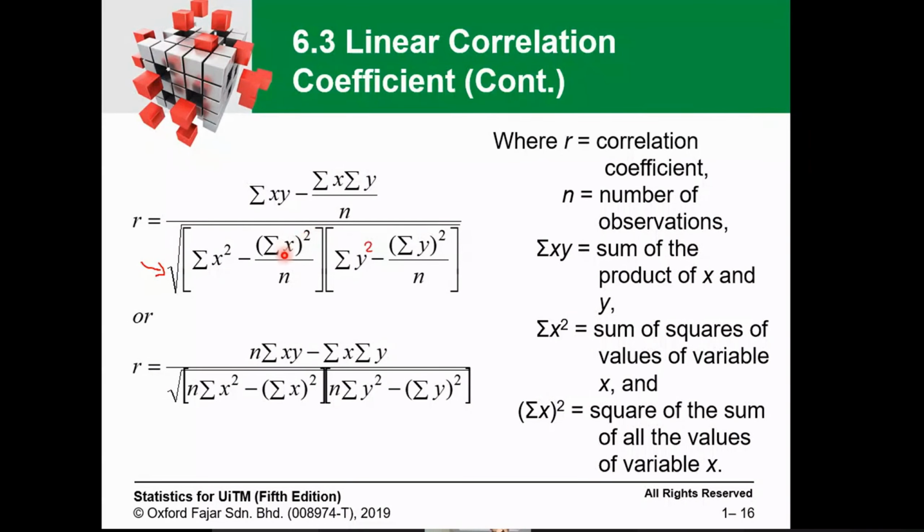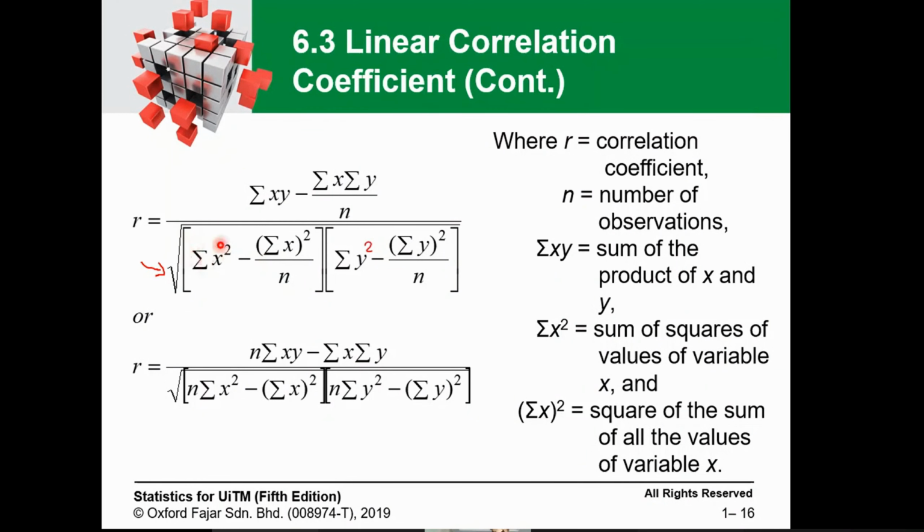Minus square of sum of x, which means we take the sum of x values, then we take the square of it. So you need to be able to read the equation correctly, guys. There is a difference between sum of x squared and the square of sum of x. They are two different values, okay?